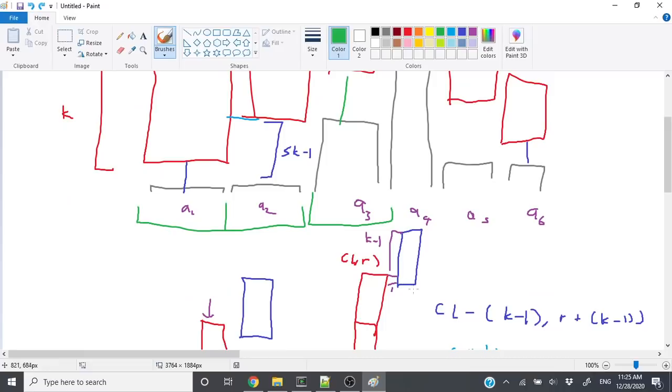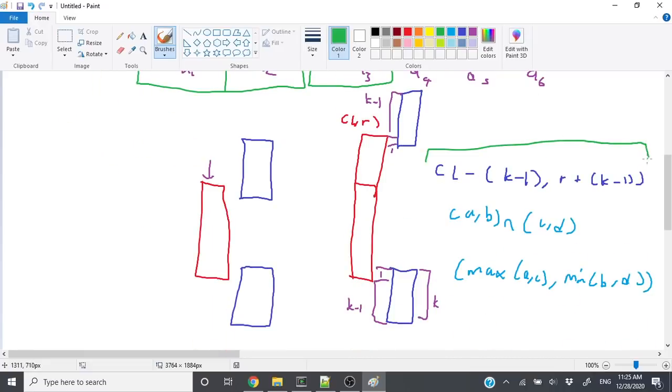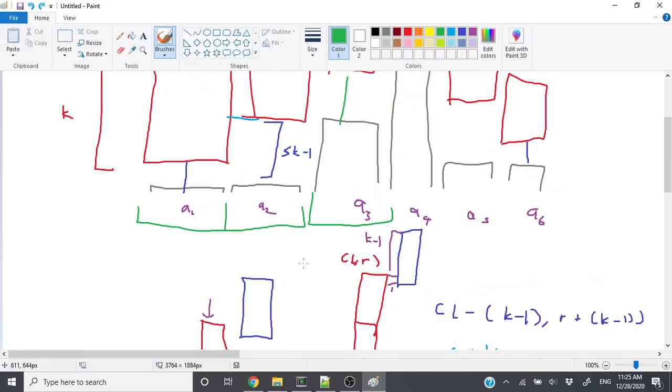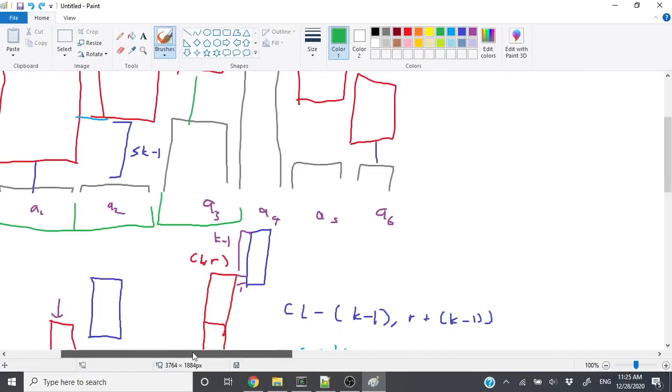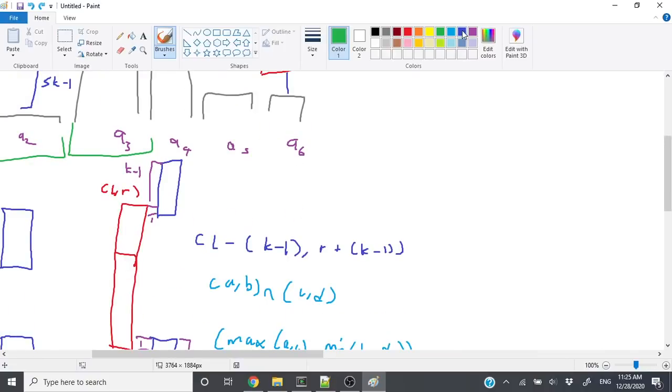So that basically works. But again, we expand it out a bit every time because of the way we're allowed to intersect. If the previous interval is LR, the final interval we get is LR, expanded, intersected with AI, AI plus K minus 1, because that's the other constraint we have.